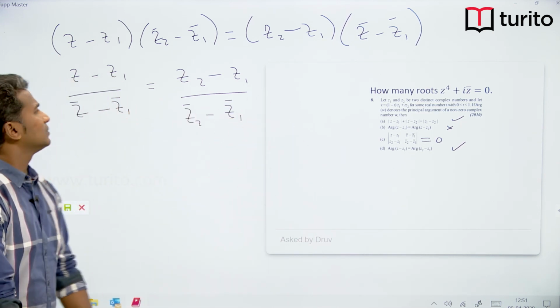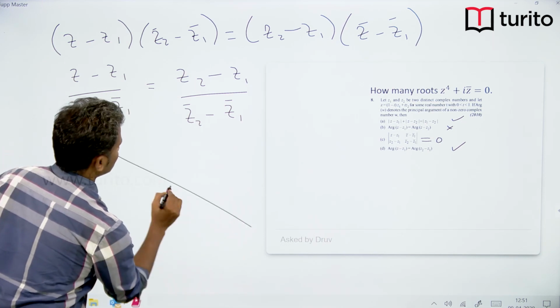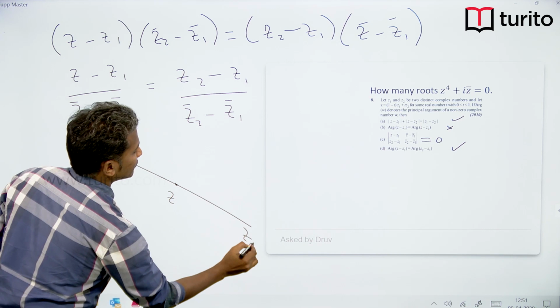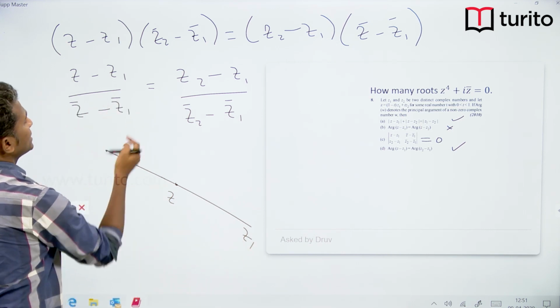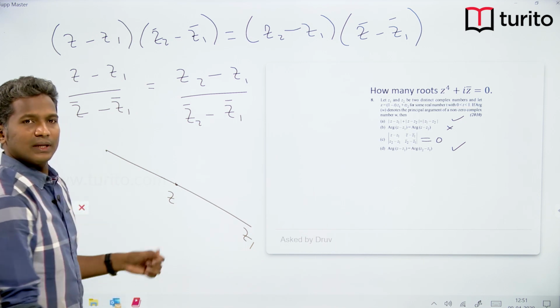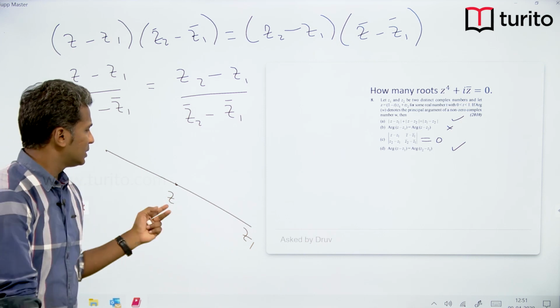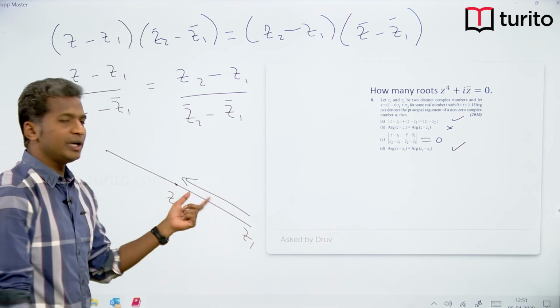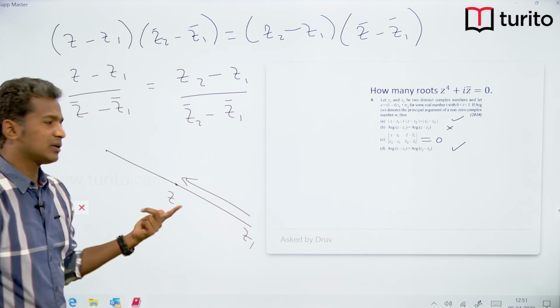Okay. So this means, this is Z, this is Z1. So Z minus Z1 divided by Z bar minus Z1 bar, this becomes 2 into real part of this vector divided by 2 into imaginary part of this vector.